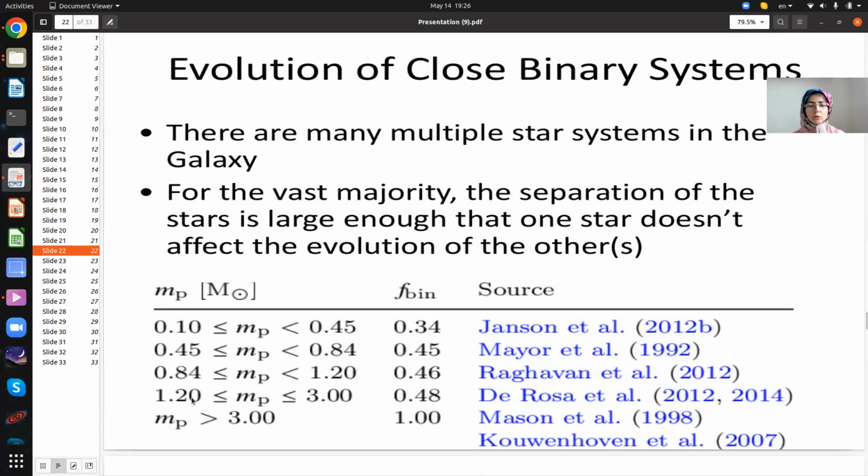So we have more binary systems for stars that are more massive than our Sun. For example, 3 solar masses, they are mostly in binary systems. And if we know the orbit and mass of the stars, we can say whether they will evolve as single or binary stars.